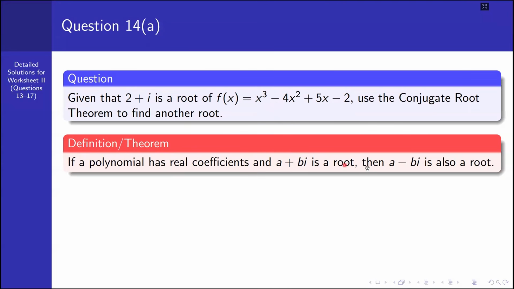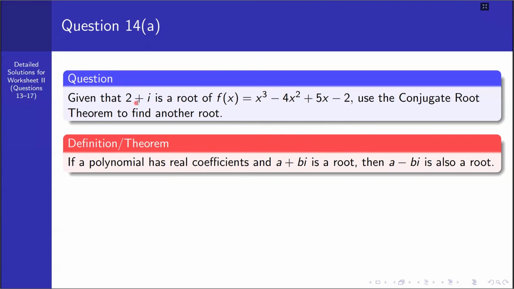So a plus bi and a minus bi are complex conjugates of each other. If a complex number is a root for this polynomial function, its complex conjugate a minus bi must also be the other possible root of the same polynomial function.